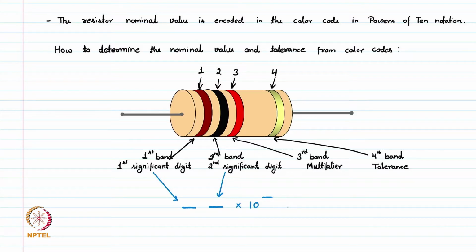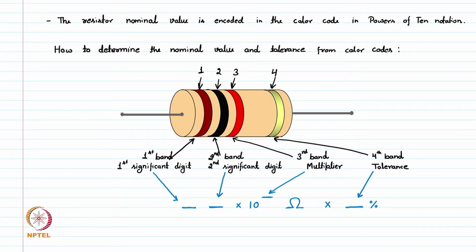This is the total value in ohms. The fourth value is the tolerance, the percentage variation we can expect in the actual value if we buy this component.